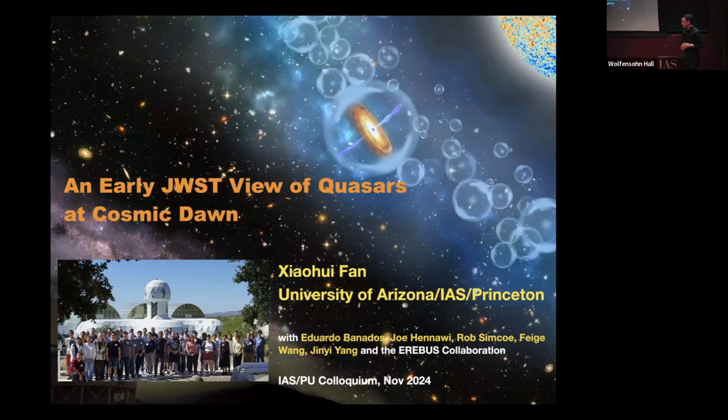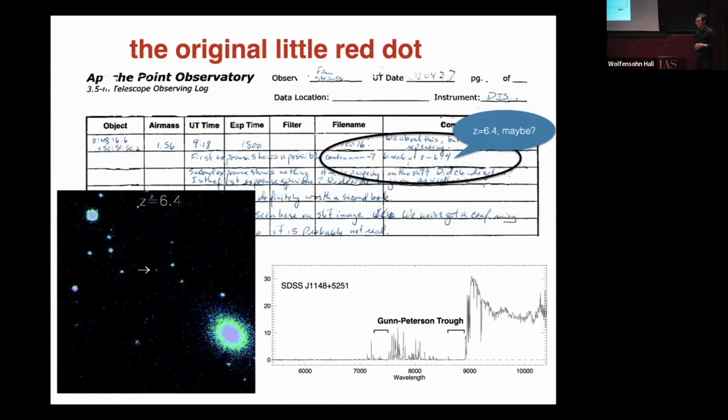But of course, the study of quasars at the epoch of reionization really started right here in Princeton, when almost 25 years ago, we started following up these red objects from the Sloan Digital Sky Survey imaging, which I think these days we should call the original little red dots. They are either quasars or brown dwarfs, or God forbid, Robert's favorite object, cosmic rays.